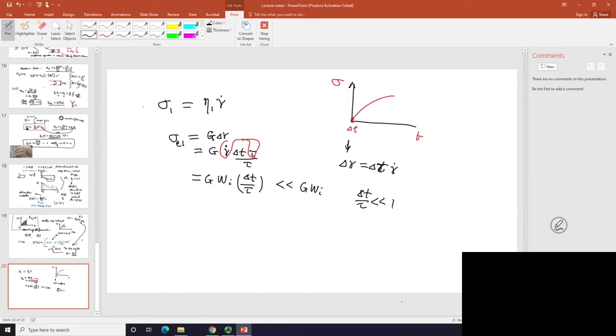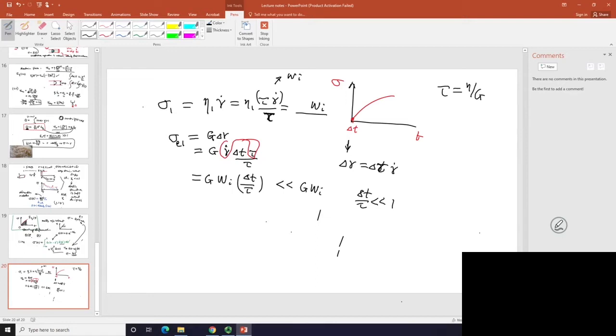So let me redo this part. I can also multiply by tau and divide by tau, and I'm going to realize that this is my Weissenberg number again. Furthermore, we're going to use a Maxwell-like relationship here.